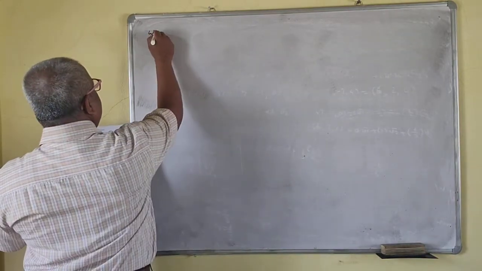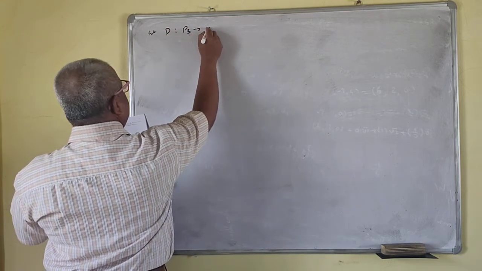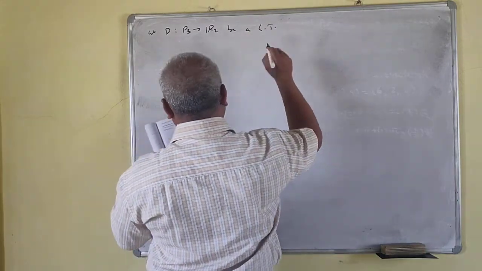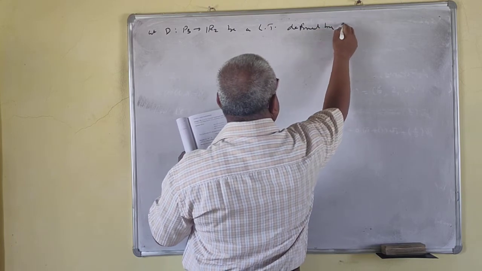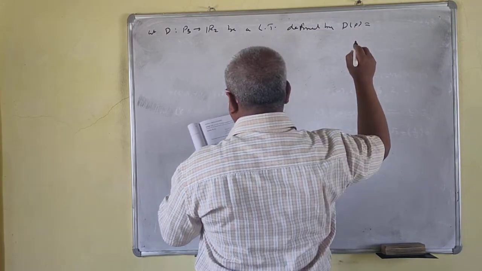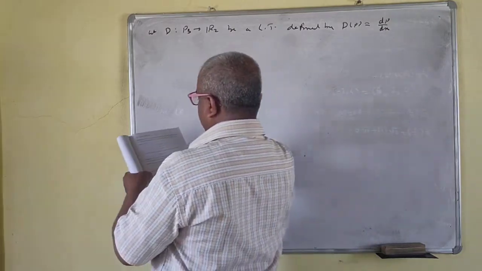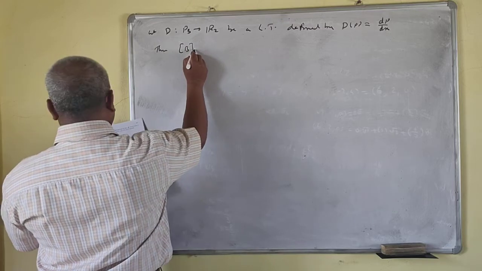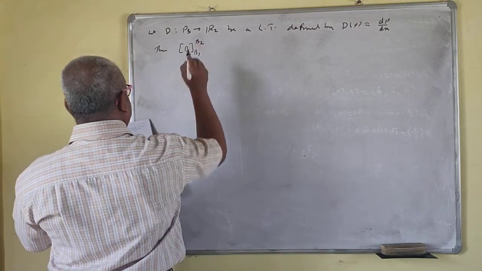Okay. So let D from P3 to P2 be a linear transformation defined by D of p is equal to dp by dx. Find standard matrix of D with respect to B1 to B2.